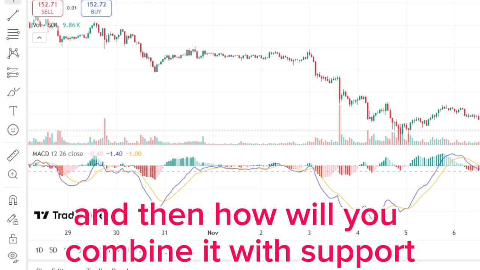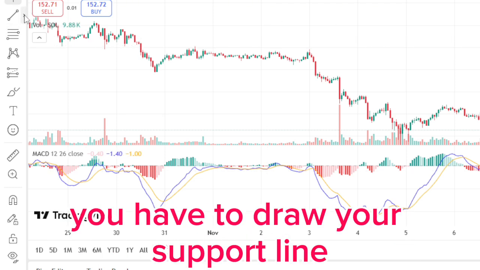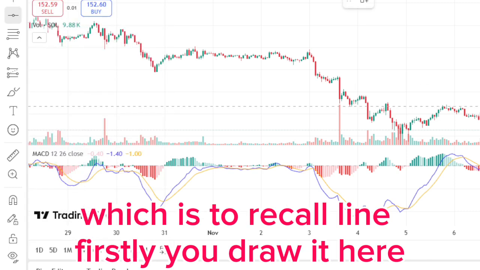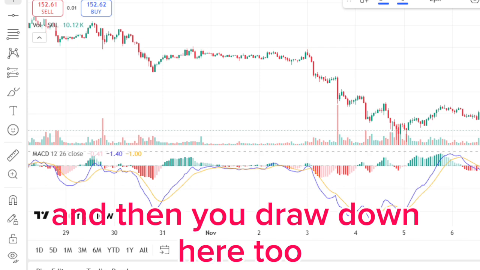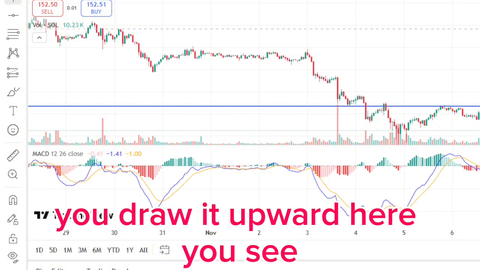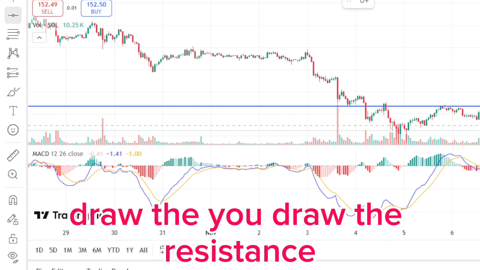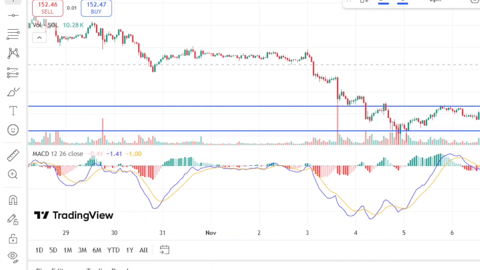And then how will you combine it with support and resistance lines? You have to draw your support line and then your resistance line with the histogram. Firstly, you draw it here and then you draw down here too. You draw it upward here, you see, and then you can even draw it downward too. You draw the resistance and then you draw the support too.